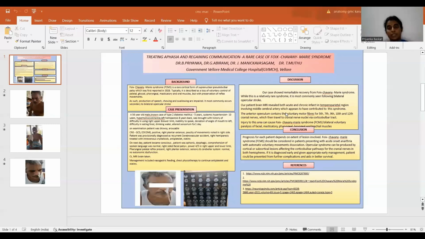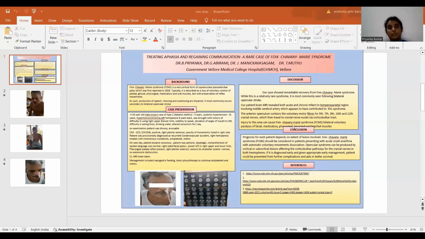The anterior operculum contains the voluntary motor fibers for the 5th, 7th, 9th, 10th, and 12th cranial nerves, which travel to the cranial nerve nuclei via the corticobulbar tract. Injury to this area can cause Foix-Chavany-Marie syndrome, causing bilateral voluntary paralysis of facial, masticatory, pharyngeal, laryngeal, and brachial muscles.